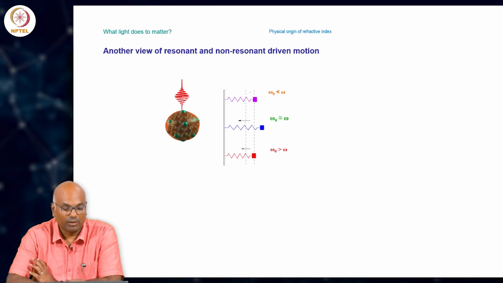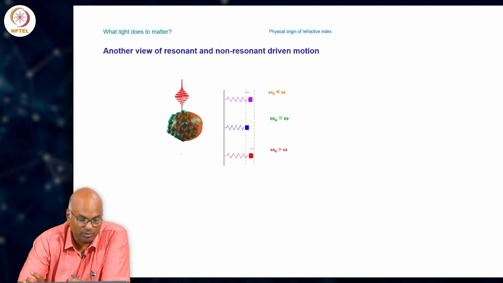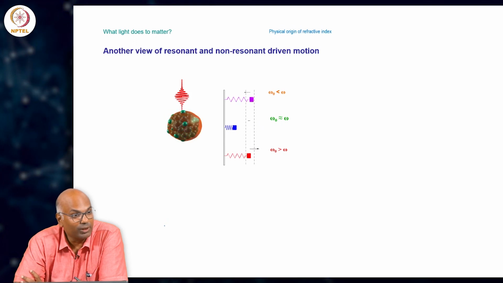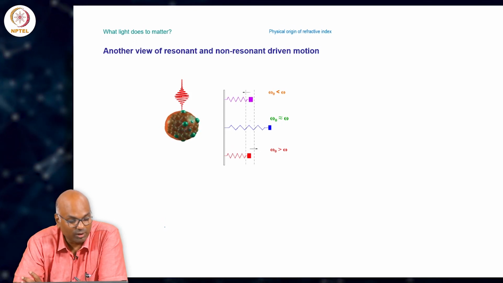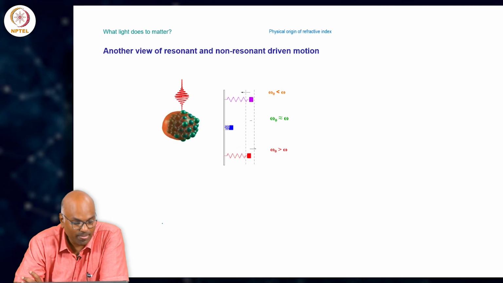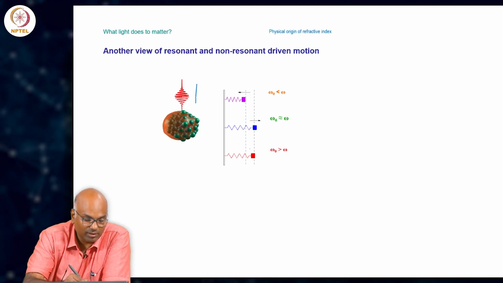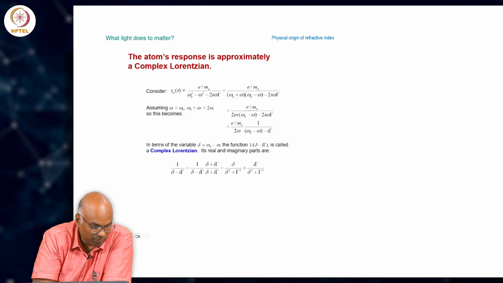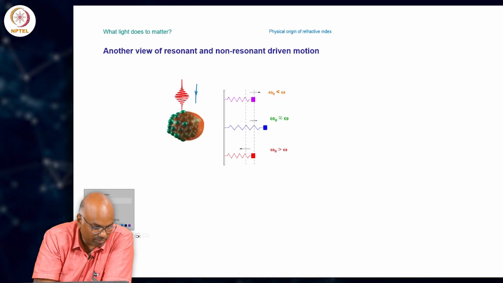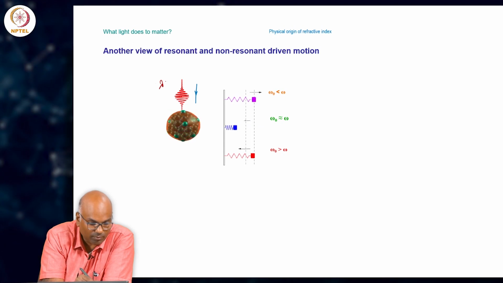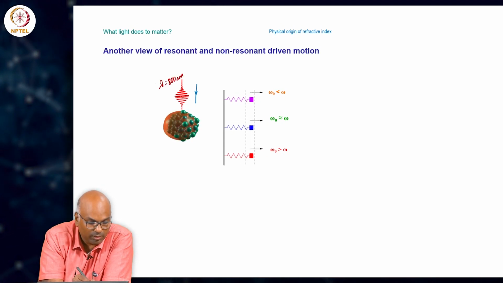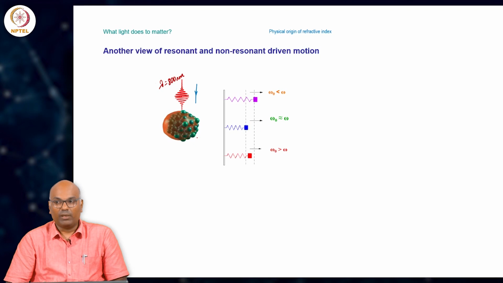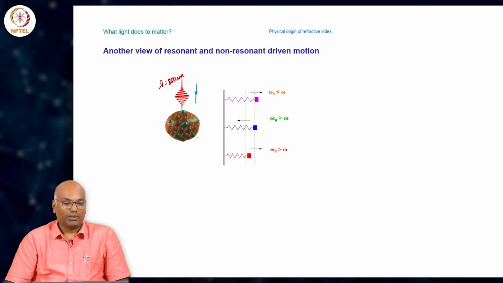I must credit my colleague Thomas Fennell from the University of Rostock for sparing us this very nice animation of a realistic calculation of how the electron cloud in this classical simulation oscillates when an incident electromagnetic pulse, a femtosecond pulse of the type that we have considered with a central wavelength of 800 nanometers, is incident on a metallic nanoparticle, say made of silver atoms. So, this is how the electron cloud oscillates.